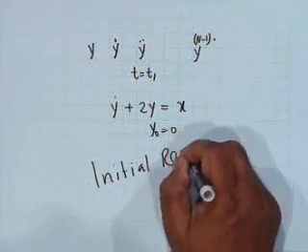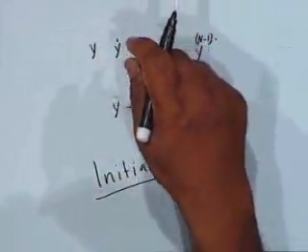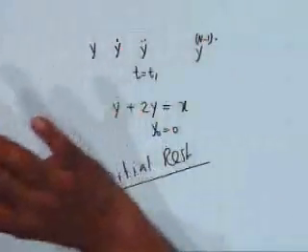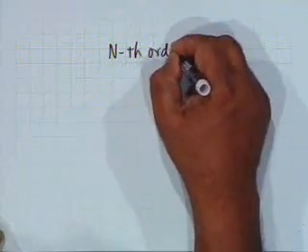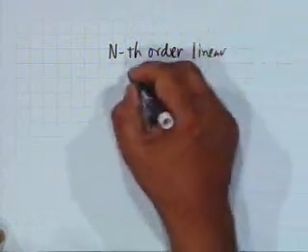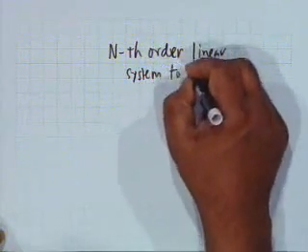Now, initial rest here means not only that y of 0 or y of t1 equal to 0, we must have y dot of t1 equal to 0, we must have y double dot, up to the (n minus 1)th derivative of y. And here the term initial rest assumes a new interpretation, that not only its value is 0, but its differential coefficients are also 0. Alright, we will also state without proof the condition for an nth order linear system to be causal.